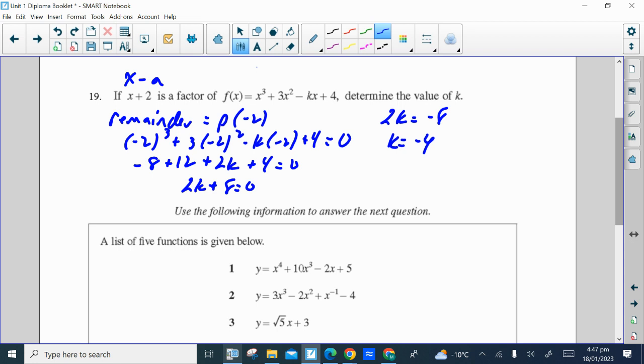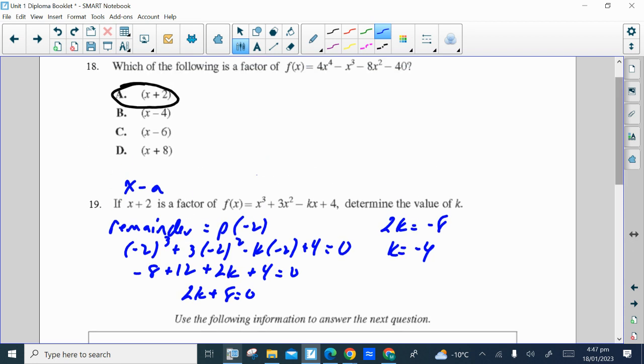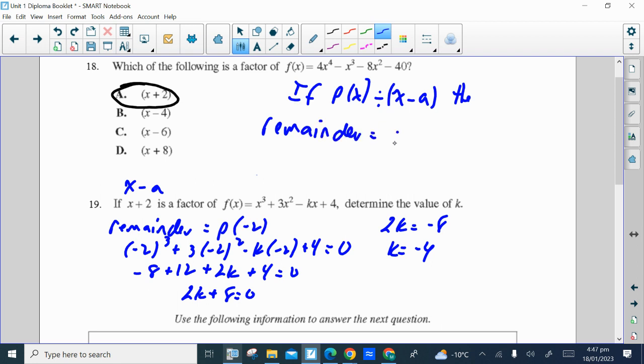Remainder theorem says that if a polynomial p at x is divided by x minus a, you can find the remainder by evaluating p at a.